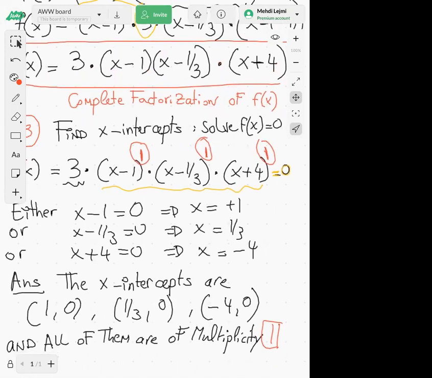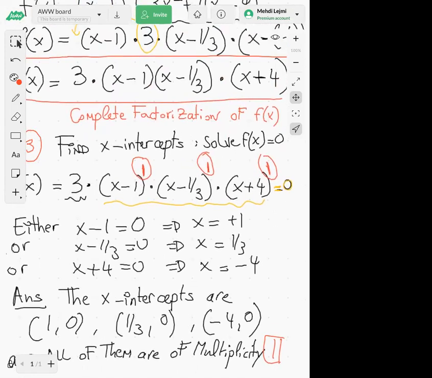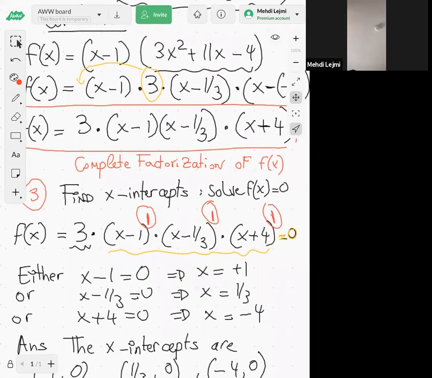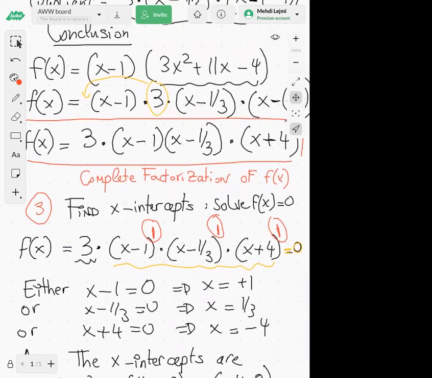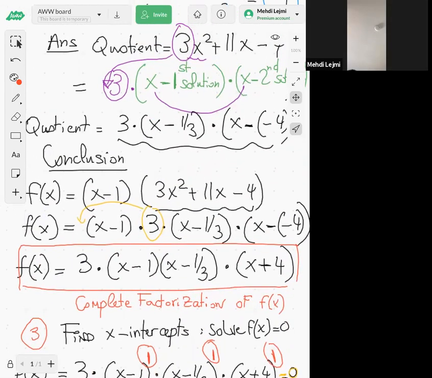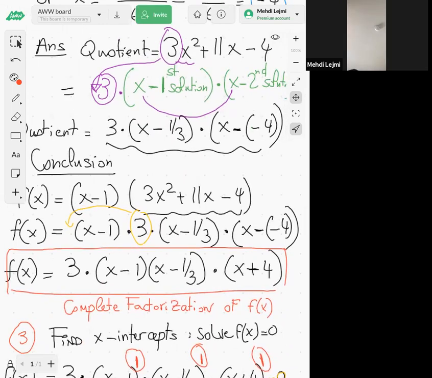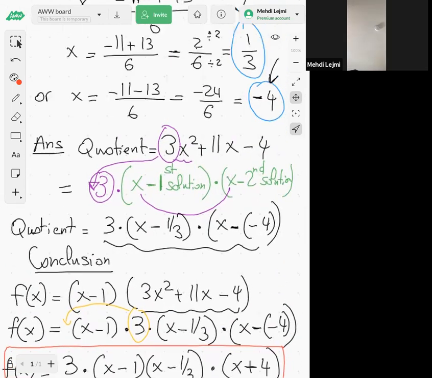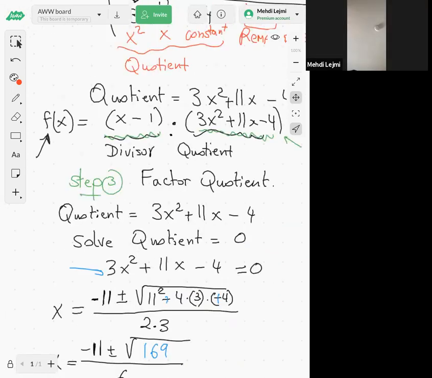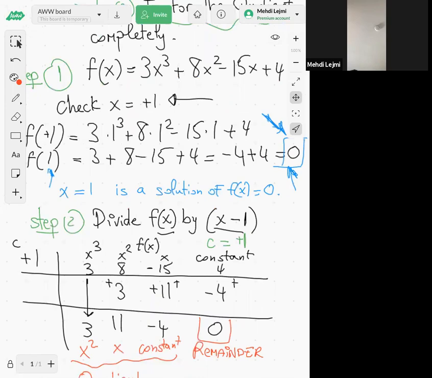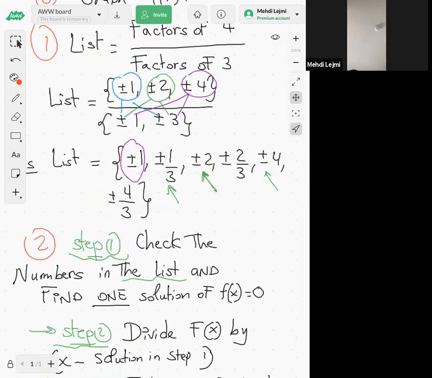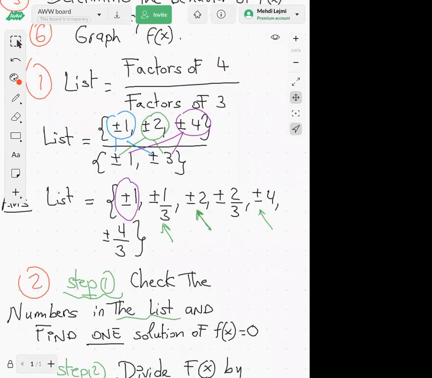Yeah, to the beginning, from where you found the rational zeros, the list of possible rational zeros. Oh, okay. Right here? Yeah. Okay.